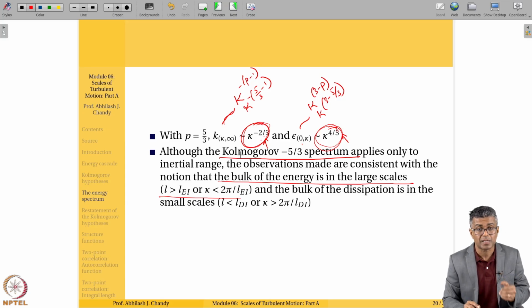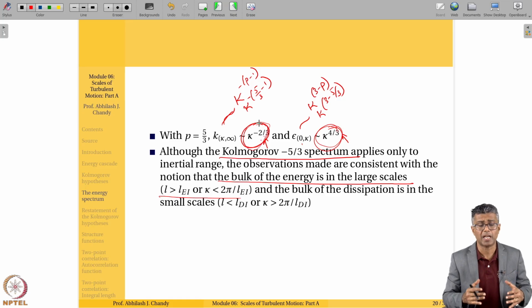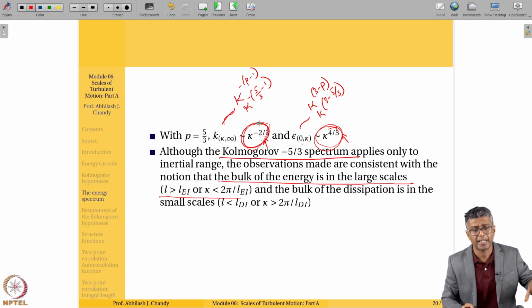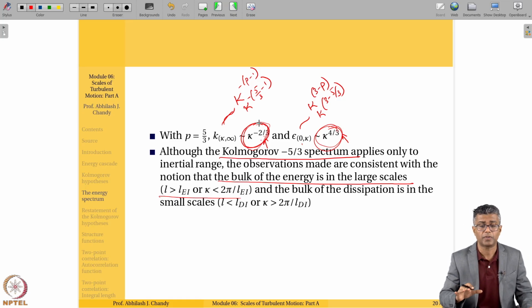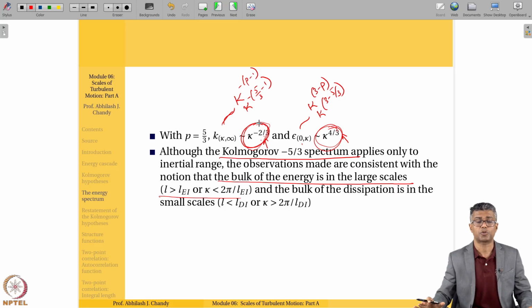Whereas as kappa is decreasing, I am at the larger length scales and the smaller wave numbers, and this number is a large number. So it is telling me that most of the energy is contained in the large scales, whereas the bulk of the dissipation happens at the small scales or the large wave numbers. I hope this was clear.